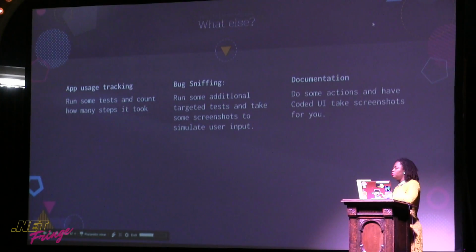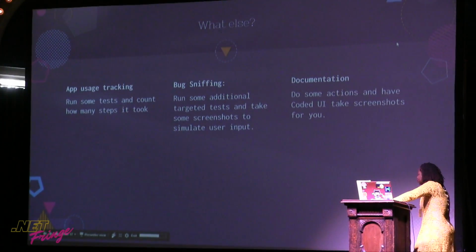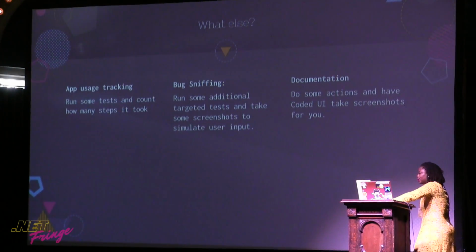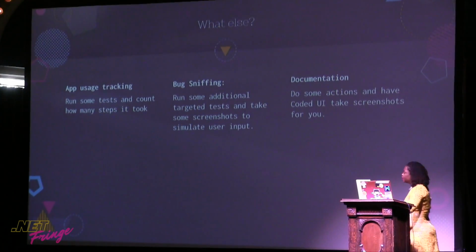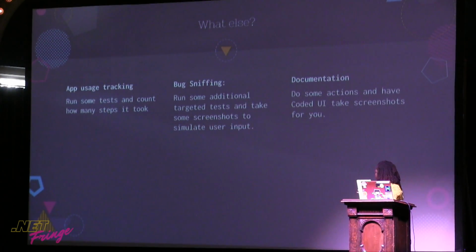So the main reason to use CodeUI is for making sure that your UI looks good and that you're not picking up any regressive bugs, right? Well, here's some other things you can use it for.